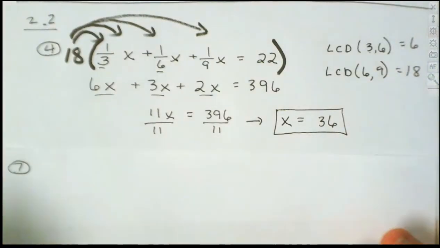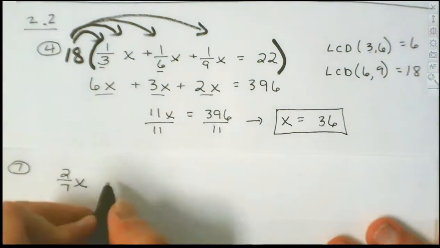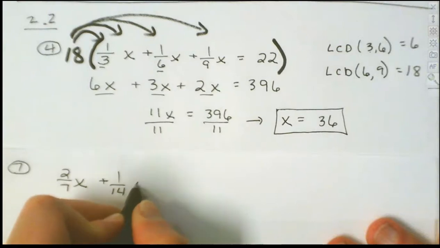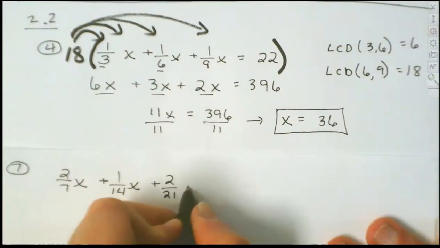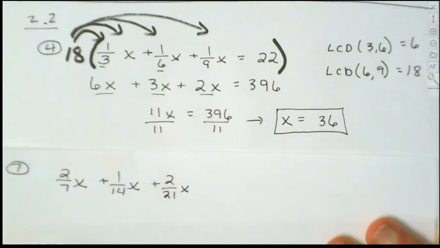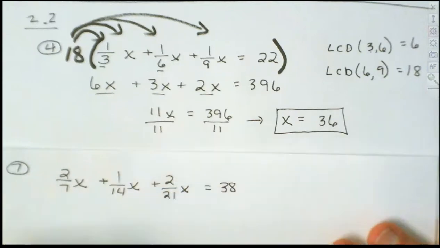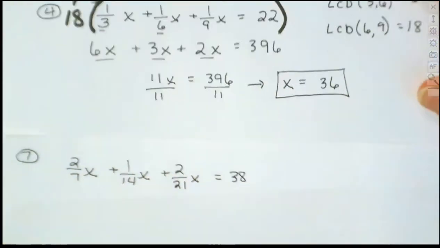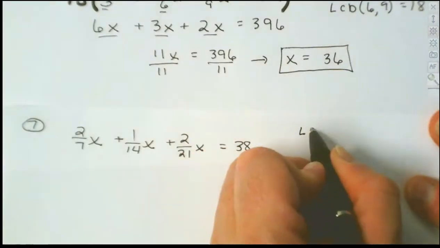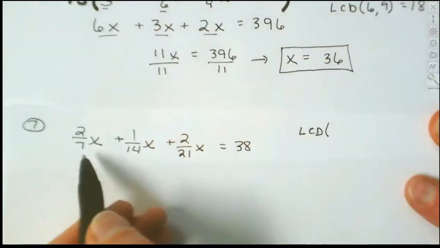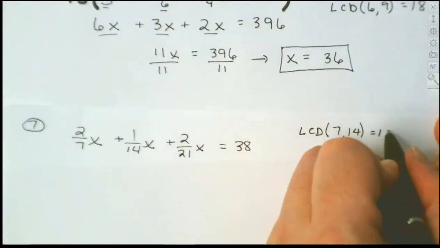So question 7, we've got 2/7 x plus 1 over 14x plus 2 over 21x, and that equals 38. Let's go ahead and work with our fractions. The least common denominator of 7 and 14 is a 14.